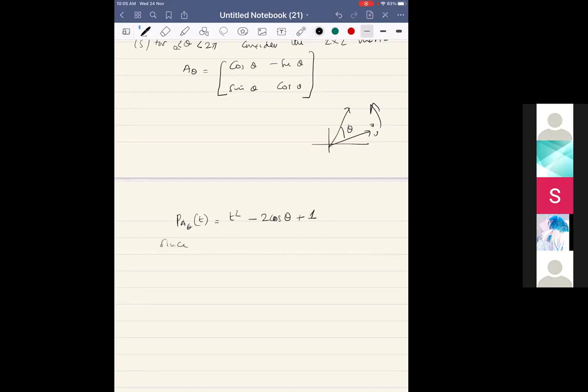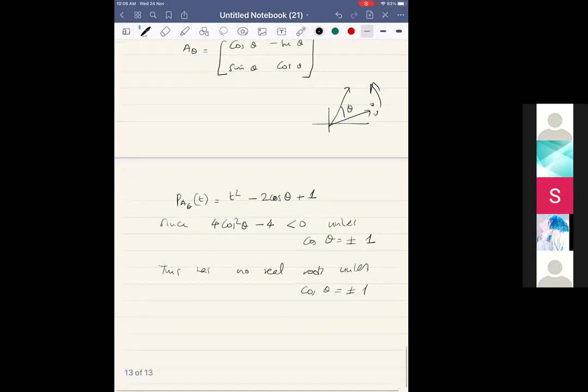Since 4 cos squared theta minus 4 is less than or equal to 0, and less than 0 unless cos theta is plus or minus 1, this has no real roots unless cos theta is plus or minus 1.